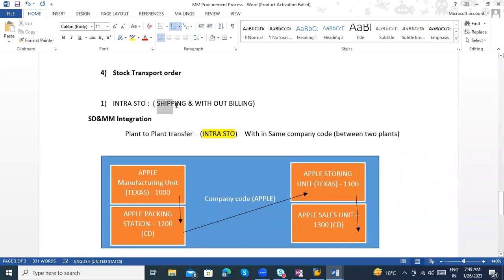Obviously, we need to prepare the shipment and the documentation, all that is necessary, from dispatch orders and everything we require. That we prepare in shipping, so shipping is the SD part. And without billing: why is it required? Because we are transferring internally, plant to plant.